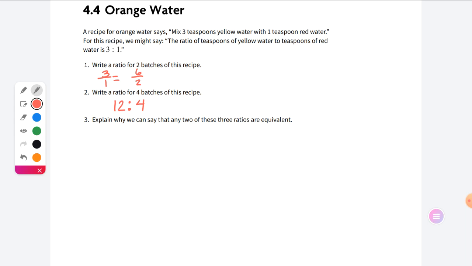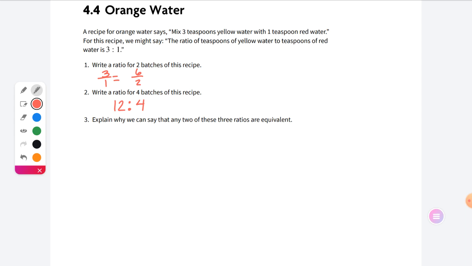So number 3, explain why we can say that any 2 of these 3 ratios are equivalent. Chase, what did you put? I said you can say that they're equivalent because 6 to 2 and 12 to 4 can be divided into 3 to 1. Okay, which means they all reduce down to the same ratio. He said it in a lot more words, but if any 2 ratios reduce down or in simplest form are the same, then they are equivalent.